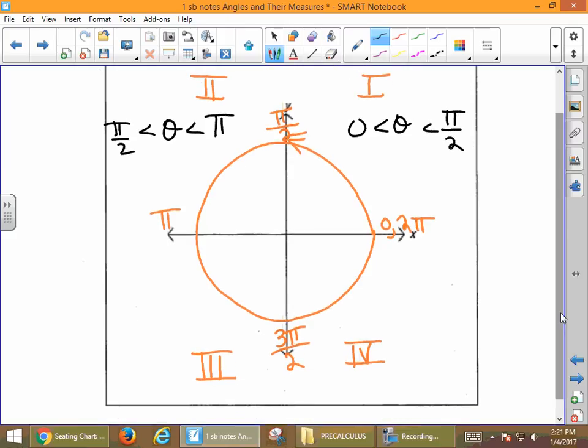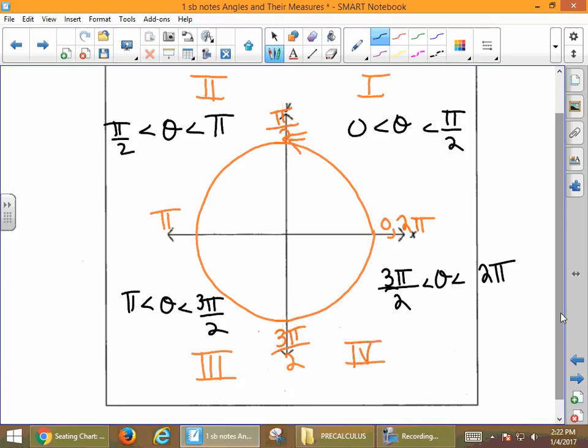In quadrant 3, our angles are going to be between pi and 3 pi over 2. And in quadrant 4, then they're really going to be between 3 pi over 2 and 2 pi.